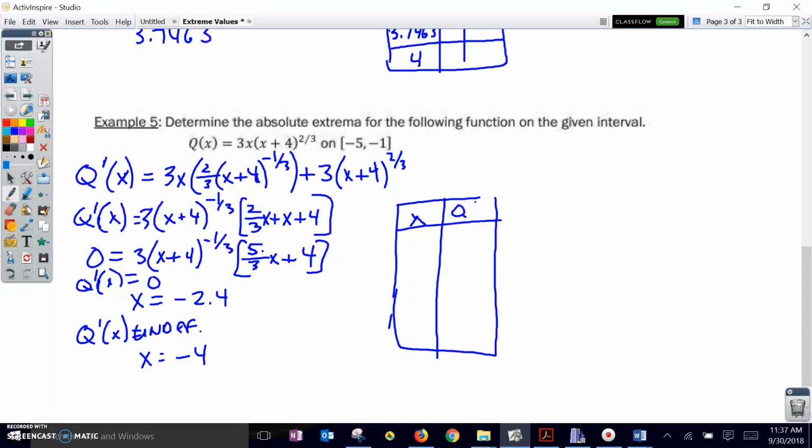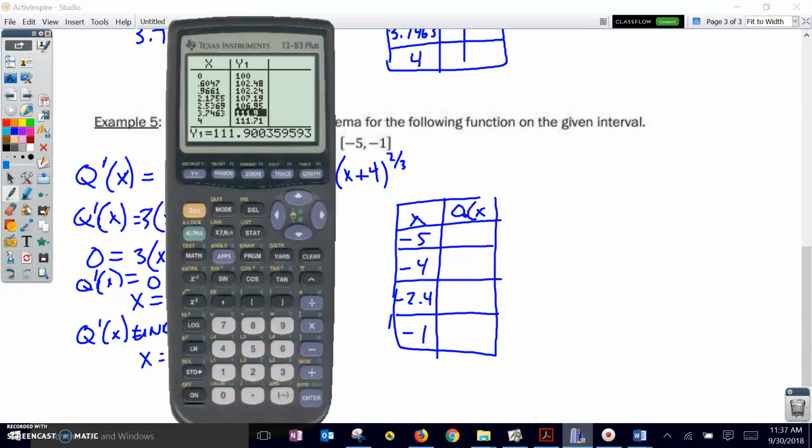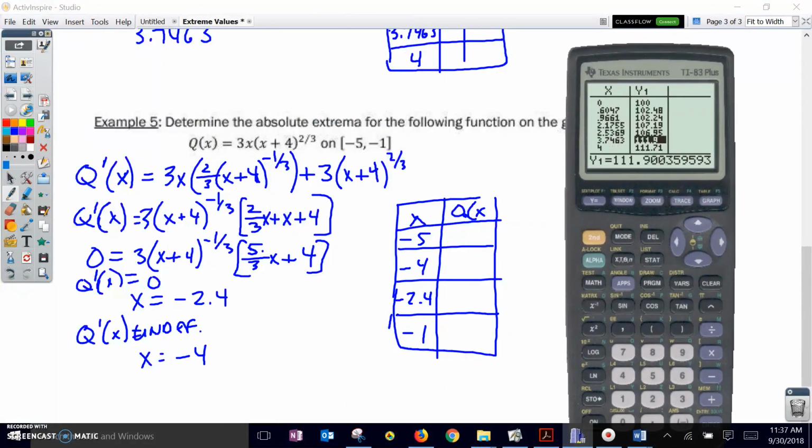I'm going to look at my critical points and my endpoints. So I've got negative 5, negative 4, negative 2.4, and negative 1. And I'll go back and substitute those into my original function.